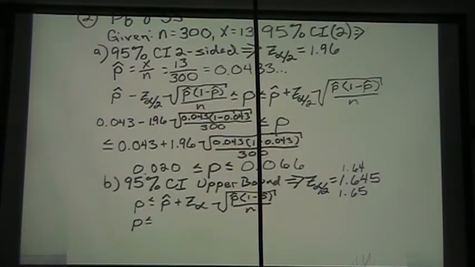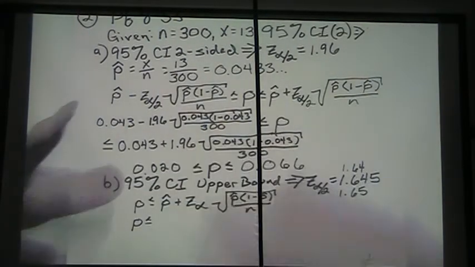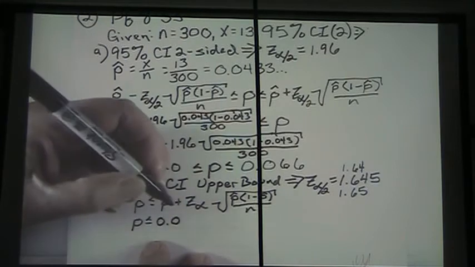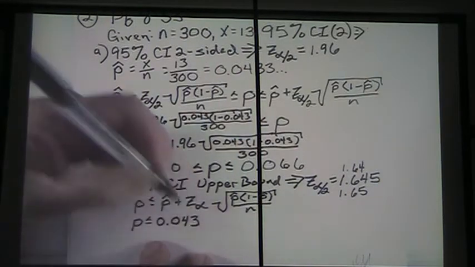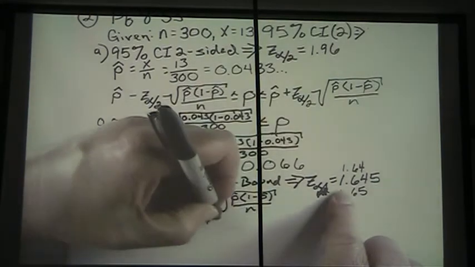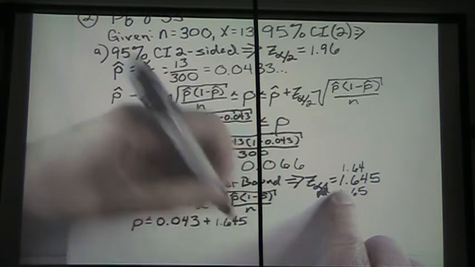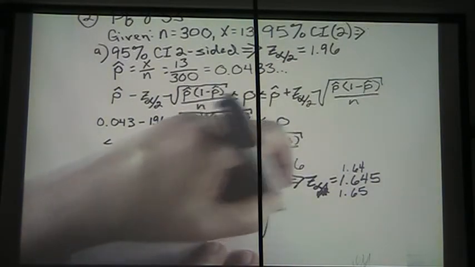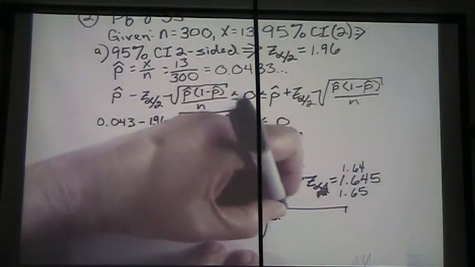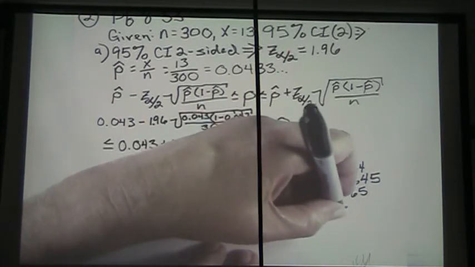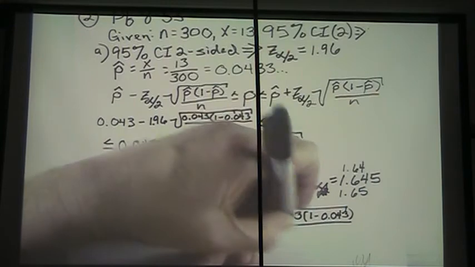P hat is still the same as in the calculation for part A at 0.043, plus our z alpha at 1.645, times the square root quantity, give myself plenty of room, of 0.043 times 1 minus 0.043, divided by 300.